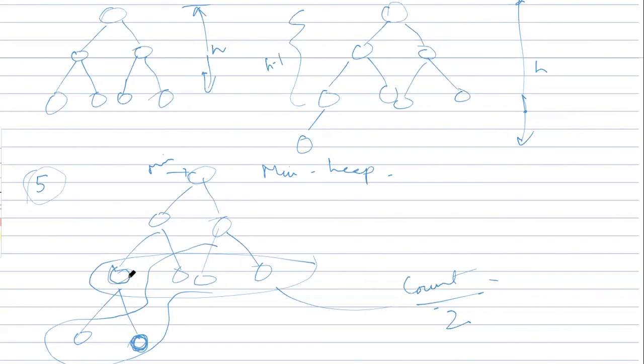So we start from count by 2 plus 1, which is going to be this one, to count. That would be the range in which you're going to look for the max value. So this is the index range for the max search.